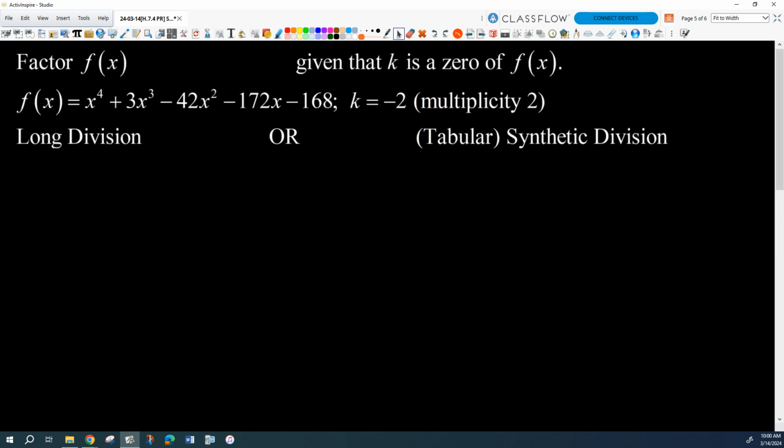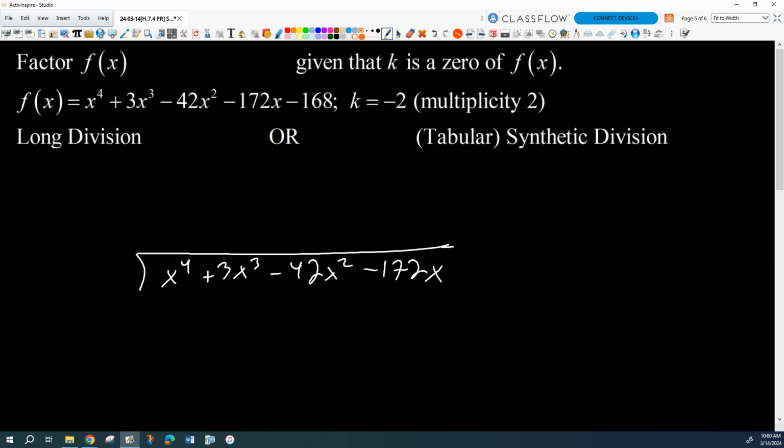So, one more time. We get x to the fourth plus 3x cubed minus 42x squared minus 172x minus 168 goes inside. What's going to go outside? Ah, okay, good.